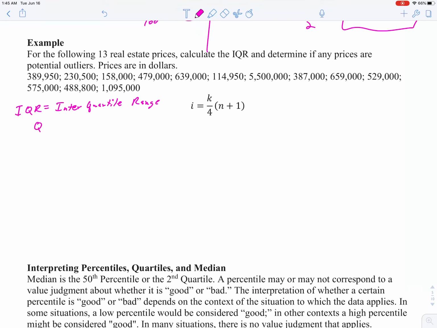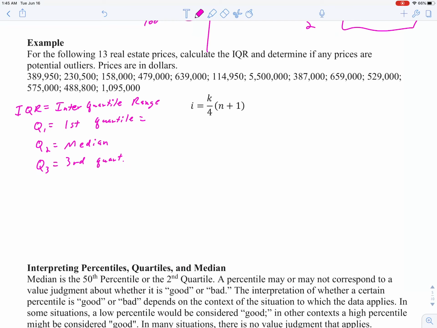Your quartiles are Q1, which is the first quartile, Q2, the second quartile, which is more commonly known as the median, the physical center of your data set, and Q3, the third quartile. These quartiles separate your data set into quarters.